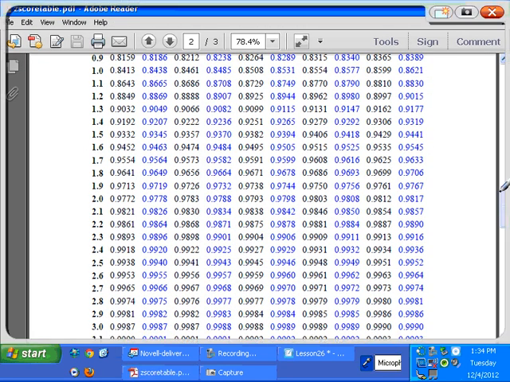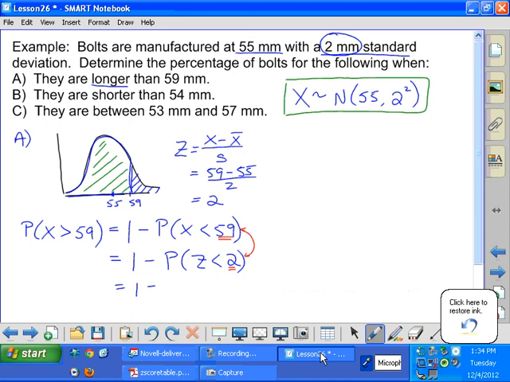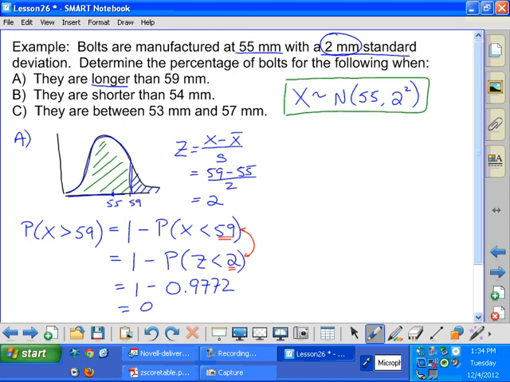Here's the 2.0, and that's the information we want: 0.9772. Finishing the calculation, it's 1 minus 0.9772, and we get 0.0228.